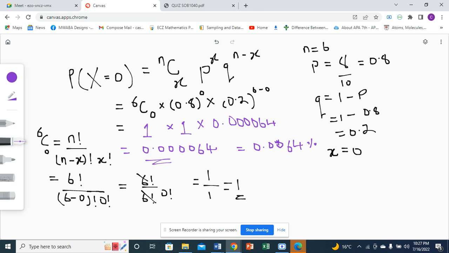So that's the probability that none are effective.